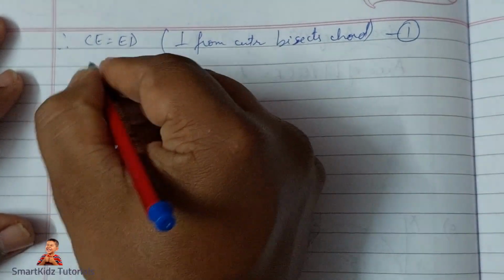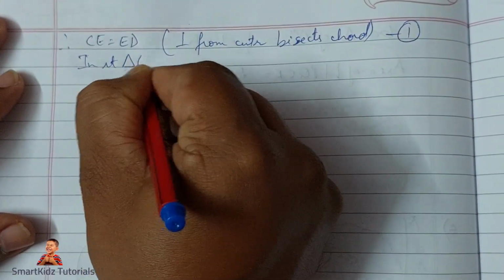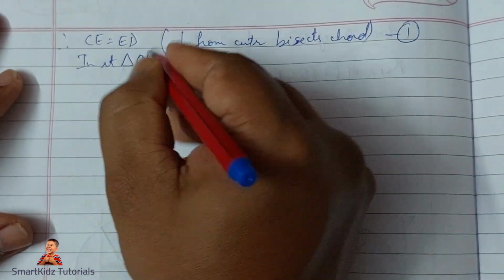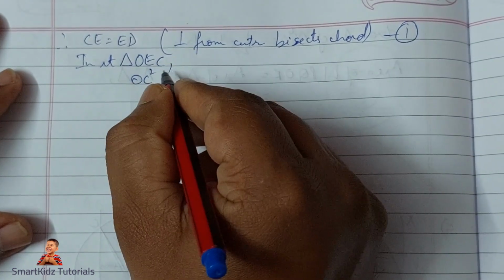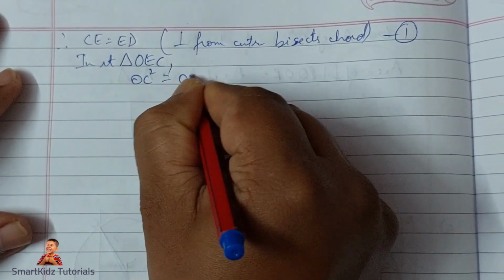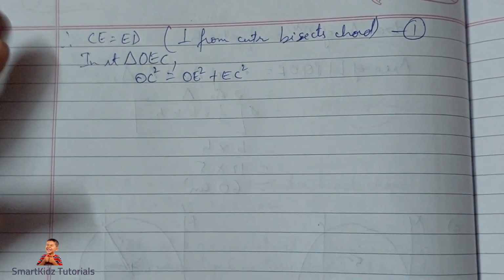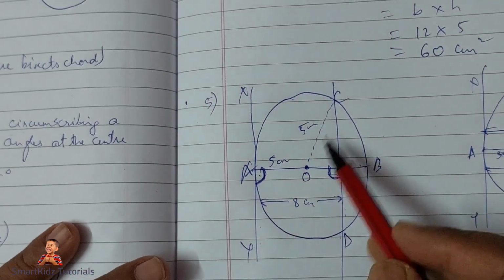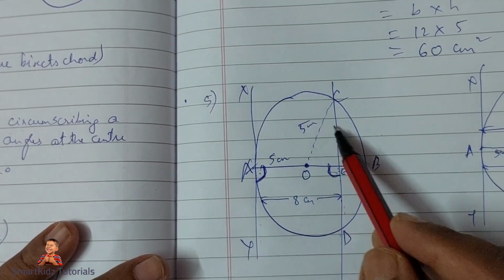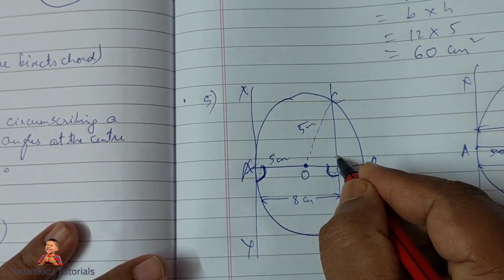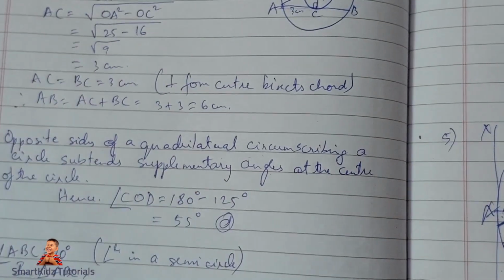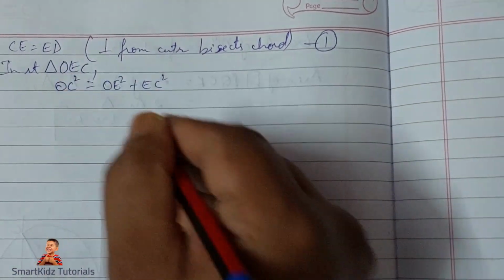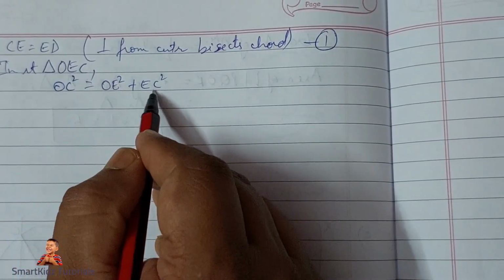Then we can say in right triangle OEC that OC square is equal to OE square plus EC square. The triangle OEC is here. We are using the Pythagoras theorem here, since we now know this is perpendicular. Next, we need to find out EC square.